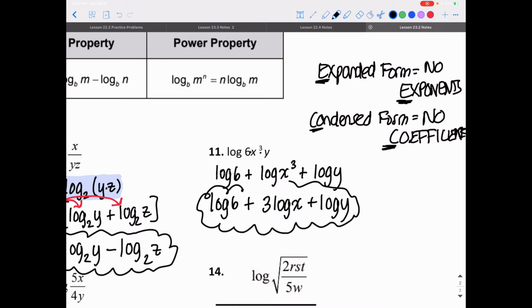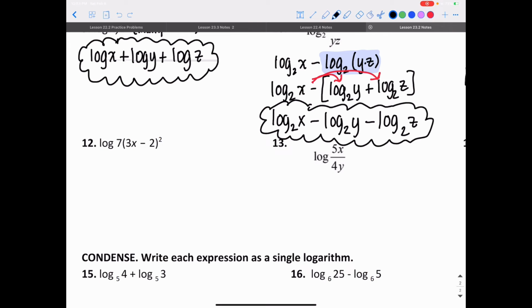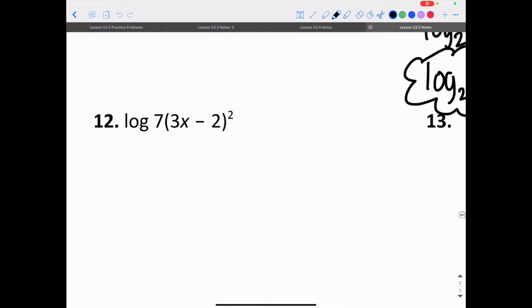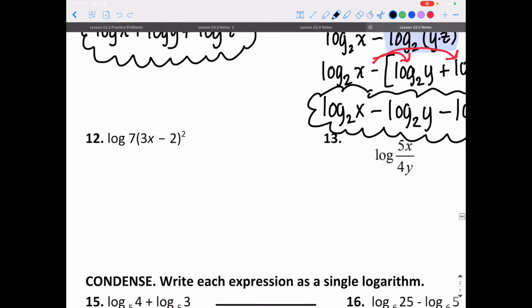For number 12, I have log of 7 times 3x minus 2 squared. The first thing I need to take care of is the multiplication I see between 7 and 3x minus 2 squared. I'm going to break this down with addition, so I'll do log of 7 plus log of 3x minus 2 squared.